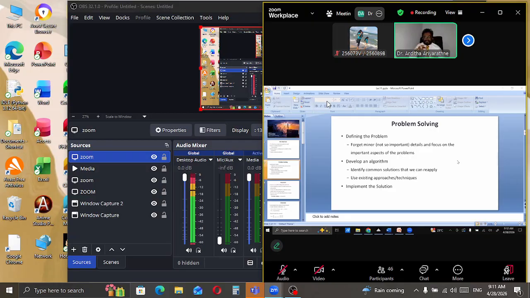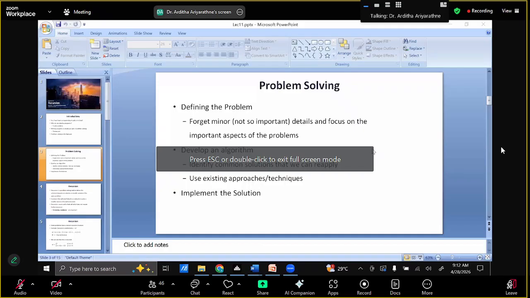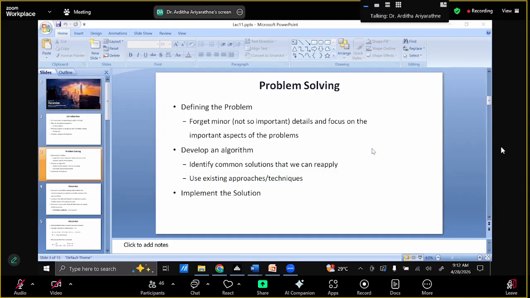First of all, we want to get a clear idea about the problem. We don't care about the minor things. We always have to focus on what is important inside this problem.